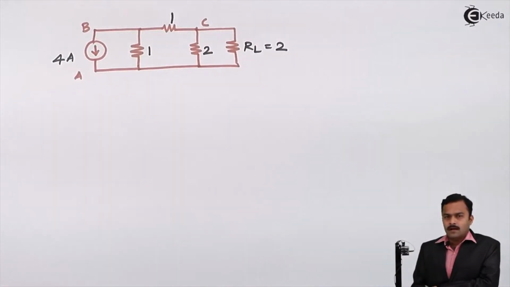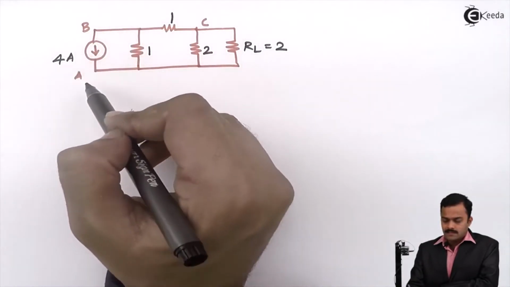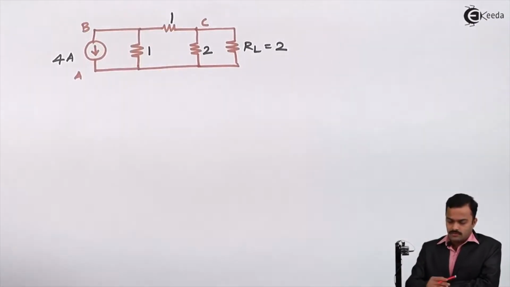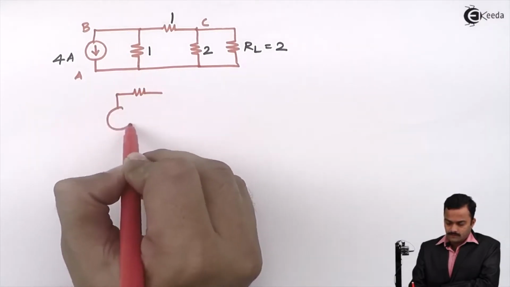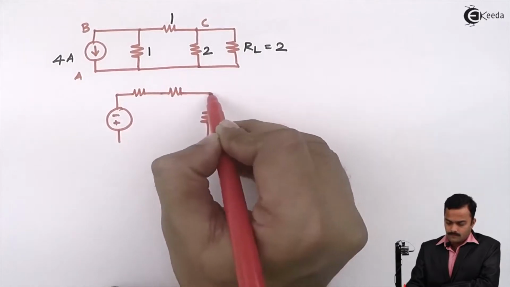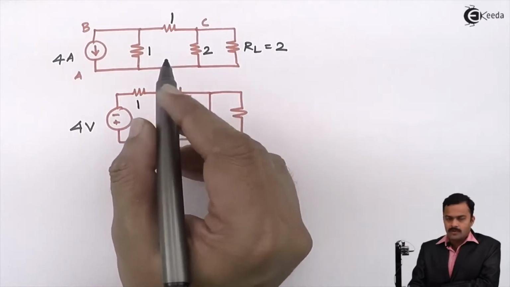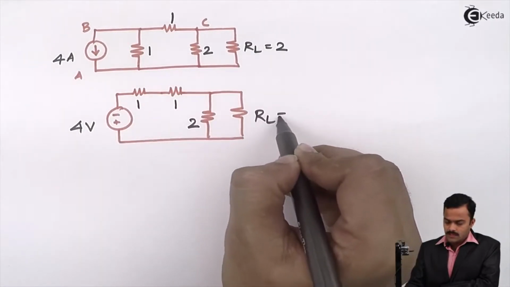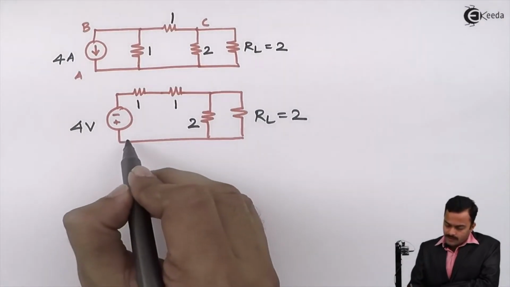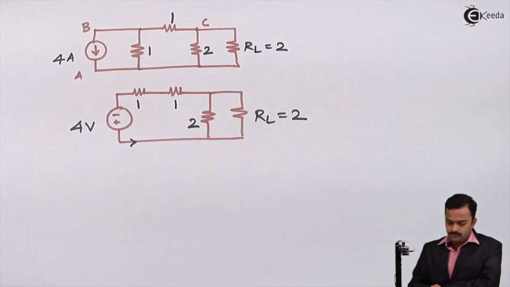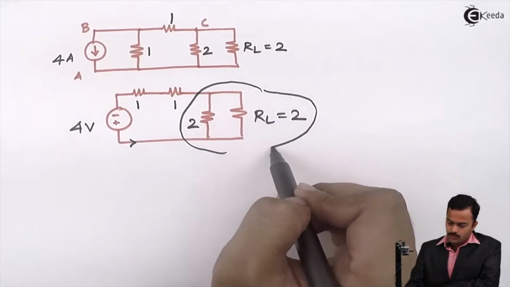Now what I can do, I can get this as a voltage source. If I reduce this into a voltage source, it will be like this. 4 volt, this 1 ohm will come in series, 1 ohm already given, 2 ohm, and RL is also 2 ohm. What I can do, I can find out what is the current given by this particular battery. How? I will consider this as a parallel connection of 2 ohm and 2 ohm.